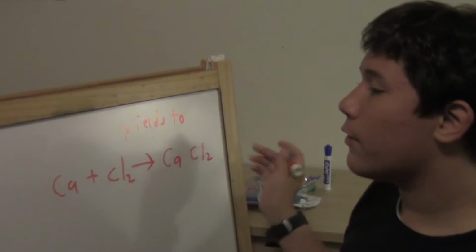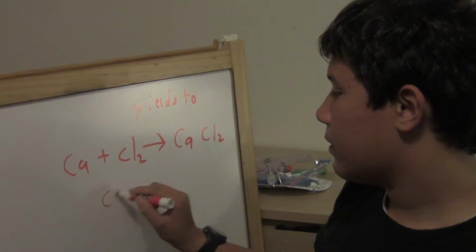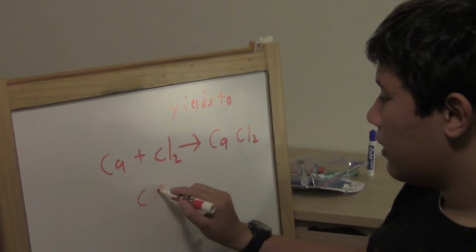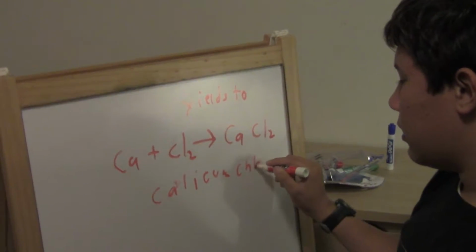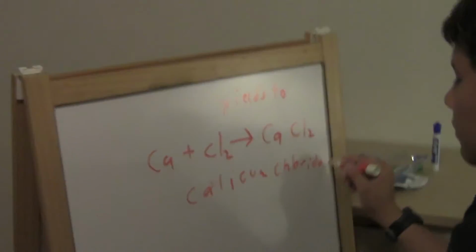And note, whenever you want to write their name, just write it like this: calcium chloride.